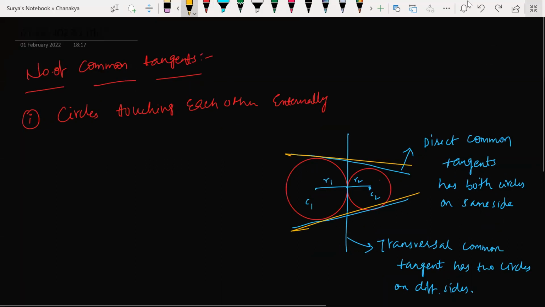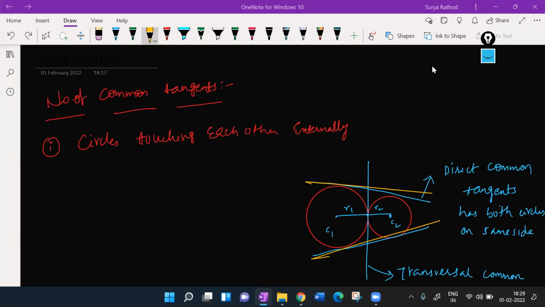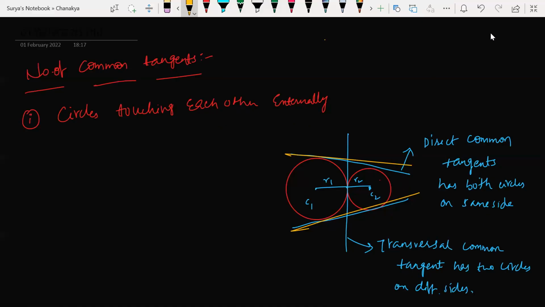Guys, how many common tangents could I draw here? Are you here? Can you hear my voice clearly? Yes. Hello. Guys, how many common tangents can I draw here? Hello.